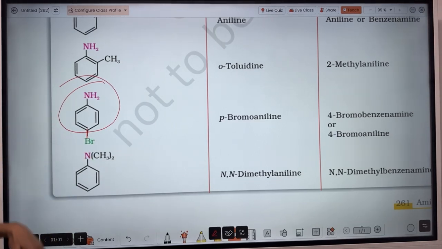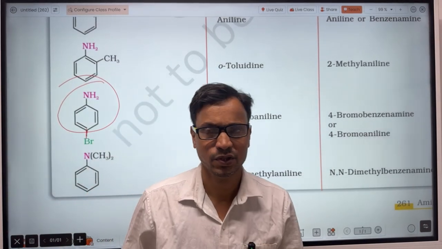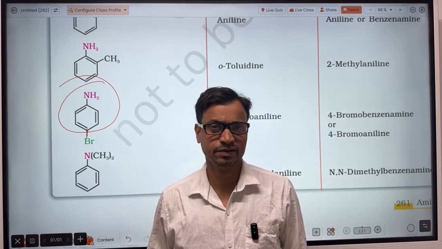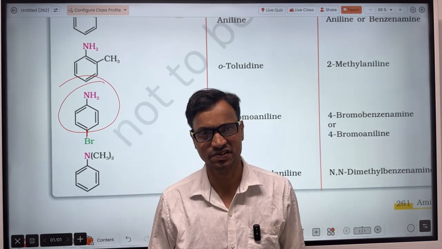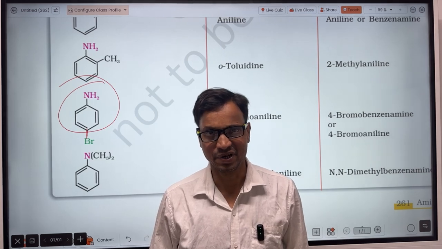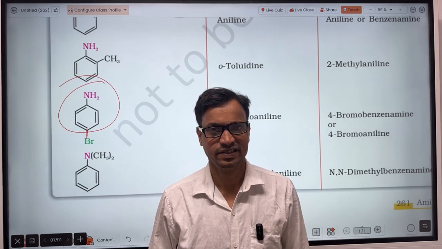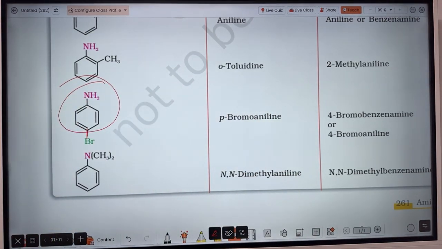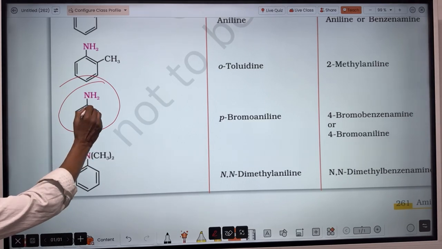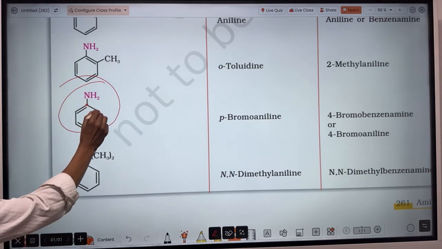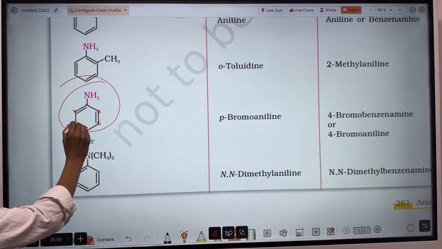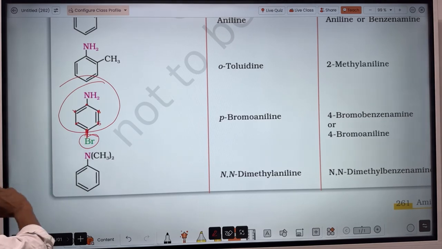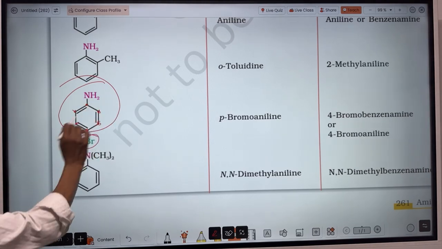Ortho, meta, para we use in the name of the compound in the common system of nomenclature, and in the IUPAC system we have to mention the number of the carbon atom to which that group is bonded. So when we write the common name, this one is the functional group carbon. This is ortho, these two are meta, and this one is para. So bromine is present at the para position. So that's why we will write para-bromoaniline.